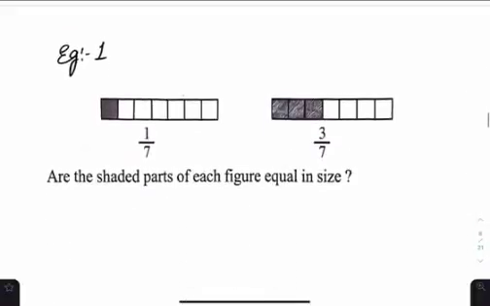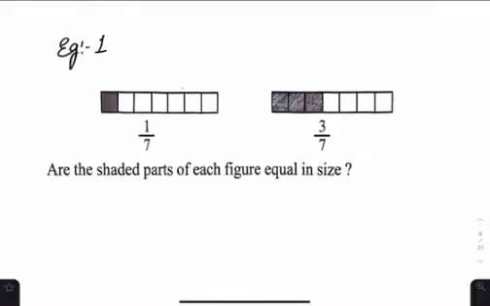Now let's understand this by working out a few examples. Look at these 2 shaded parts of the following figures. The first one is 1 by 7, that is one part being shaded among 7 equal parts. Correct?